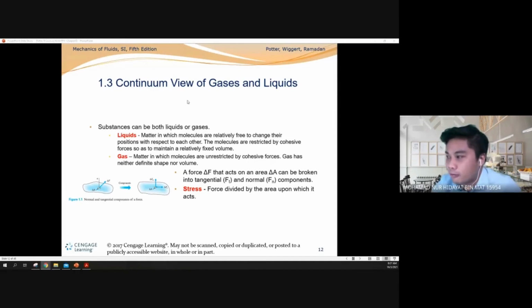Continuum view of gases and liquids. Okay. So, what do you understand about continuum? Can you comment there? What is continuum? What do you know about continuum?